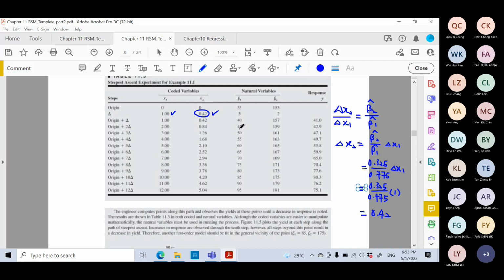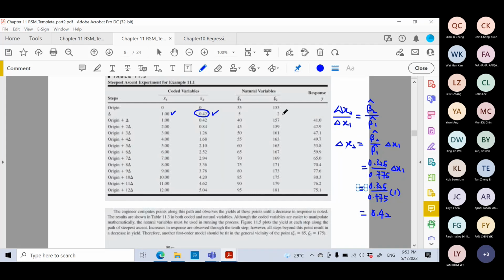Of course you don't have to use a 5 minute unit, you can use a different unit. So for the 155 here, you can see that the 0.42 is equal to 2 here. So the step size for this is equal to 2. Every time you increase from the 35 and from the 155 at the center point, you increase by 5 units and 2 units.